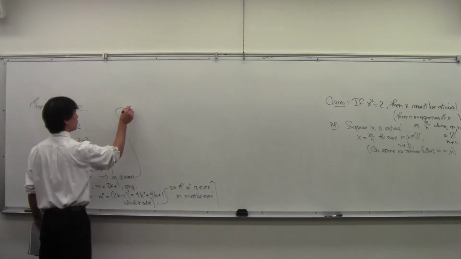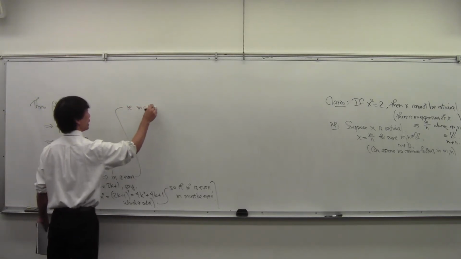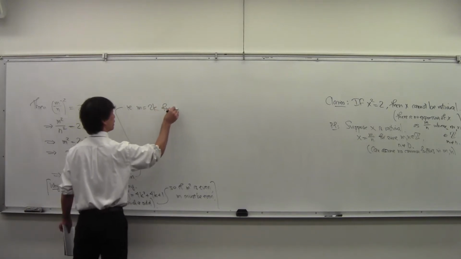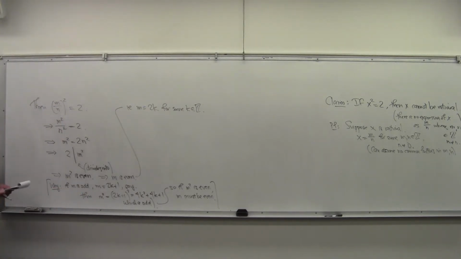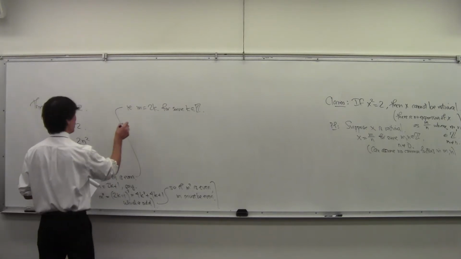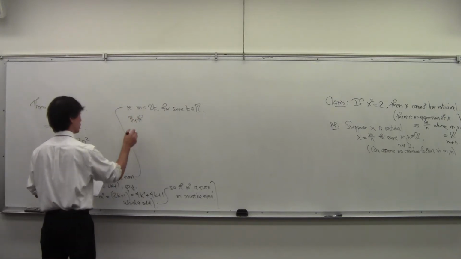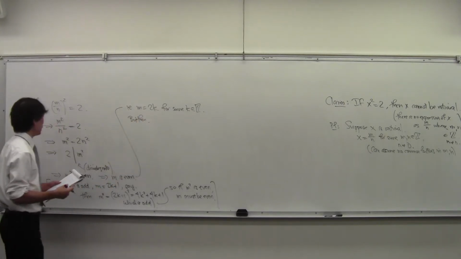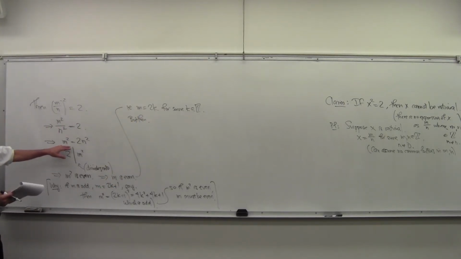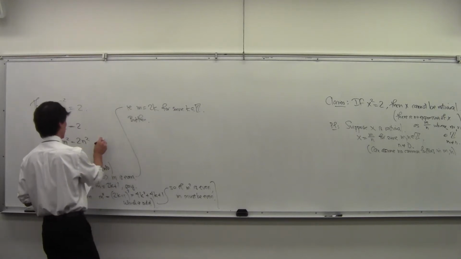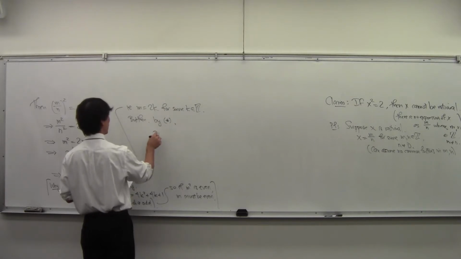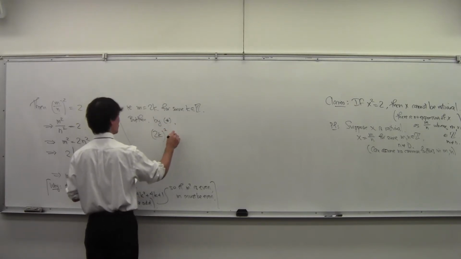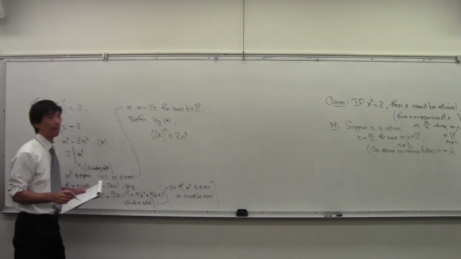In other words, m equals 2k for some integer k. Okay. But then we see that coming back to here, 2k squared equals 2n squared, right?